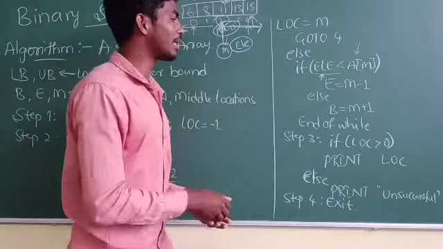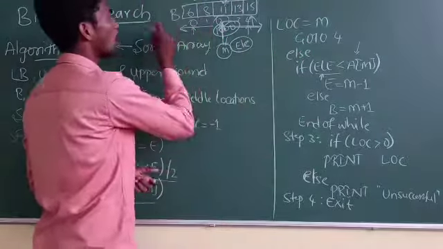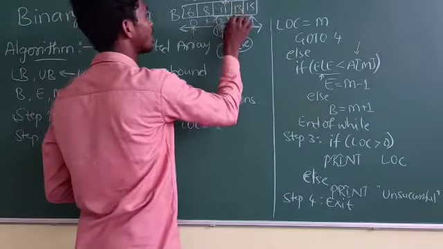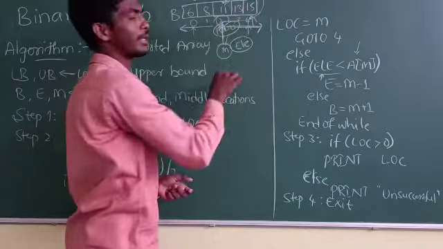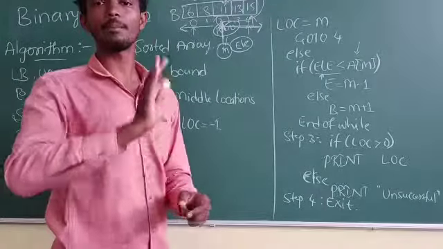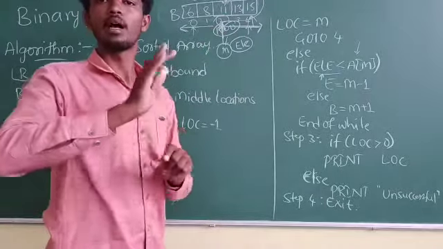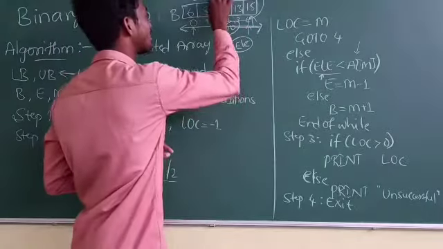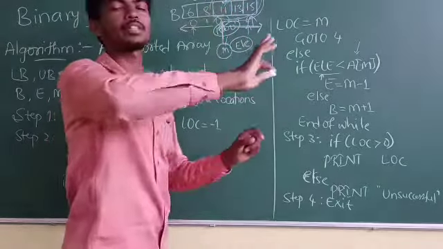If it is less than middle, it will have to go this side, and there is no requirement of searching these two elements. Right? If the searching element is less than the middle element, there is no need to check or compare with these elements.